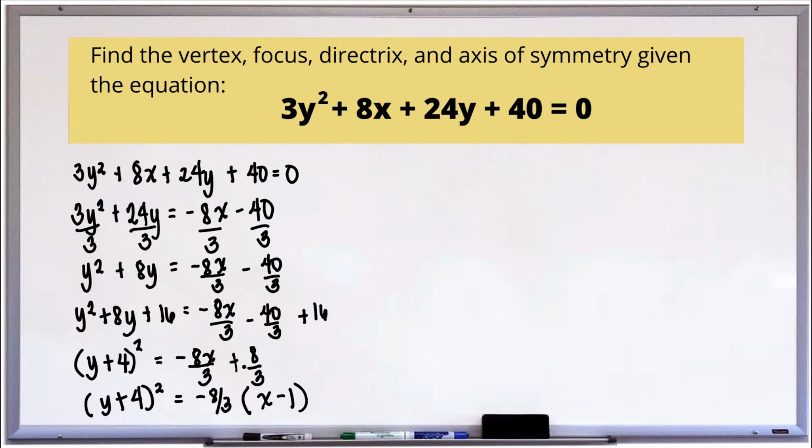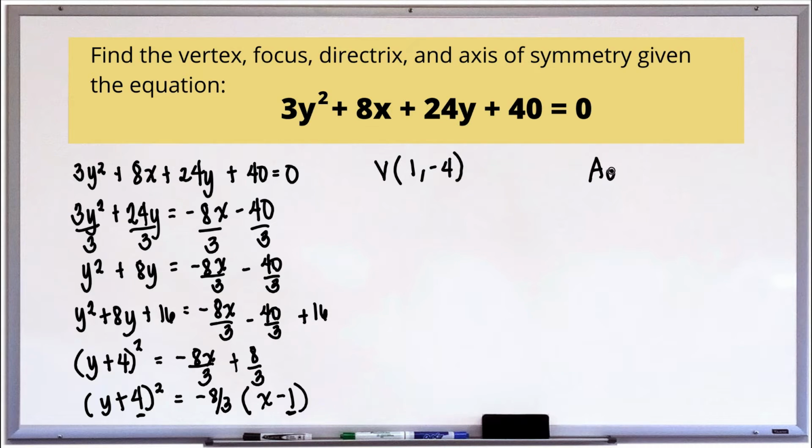With our equation in standard form, we can determine that this parabola is horizontal and it opens to the left. Since this is negative, let's now use again the pattern that we learned to find the parts of the parabola. For vertex, we have h and k, hence the vertex is at 1, -4.